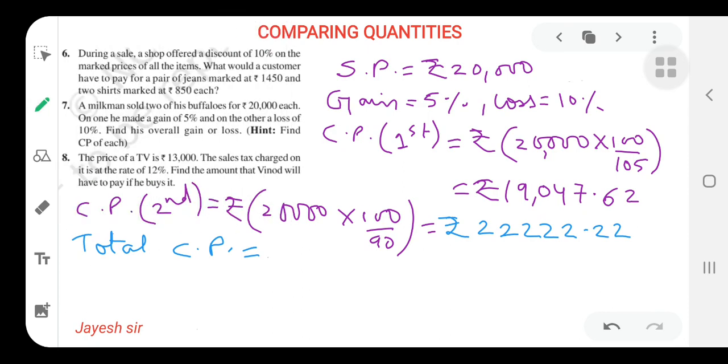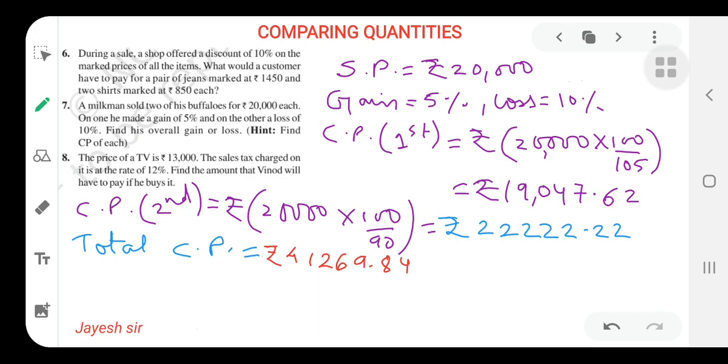The amount that I am getting is 41269.84. Because I forgot to insert the rupees sign, I am erasing it and will write it again. Rupees 41269.84. That is the total cost price for both the buffaloes.